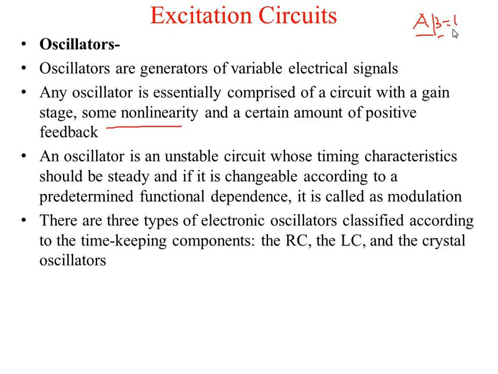Okay, there are generally 3 types of electronic oscillators classified by time keeping components. First one is the RC component, second one is the LC component, and the third is crystal oscillators.